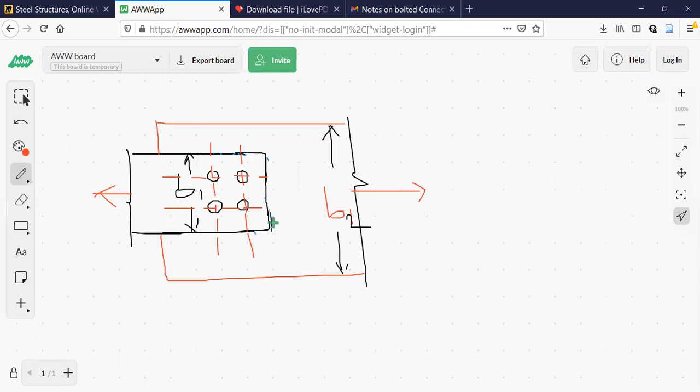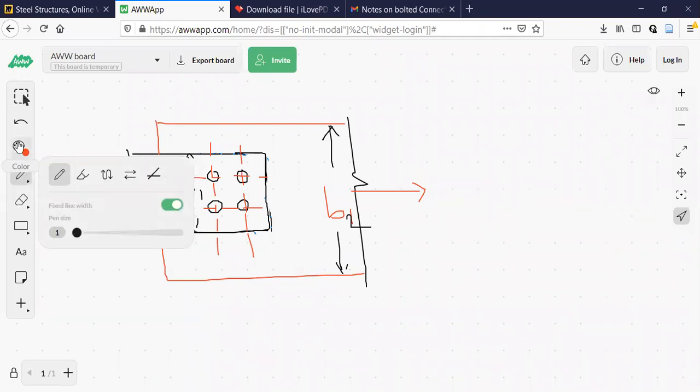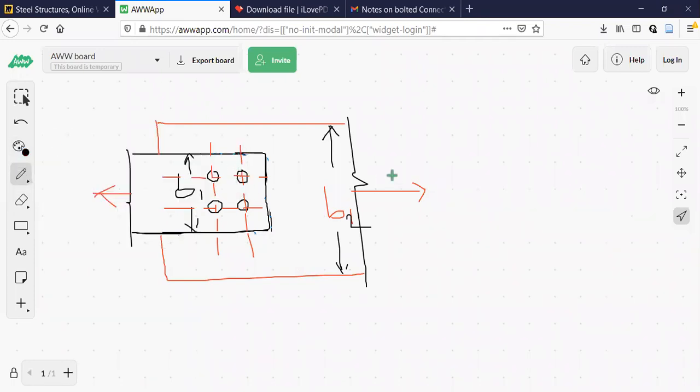Now here in all these chapters, how to solve a problem. See, there are two types of problems in welded as well as bolted connections. Whether it is welded or bolted, the types of problems you can see here. I'll write it here. Problem types. Already you know this one.